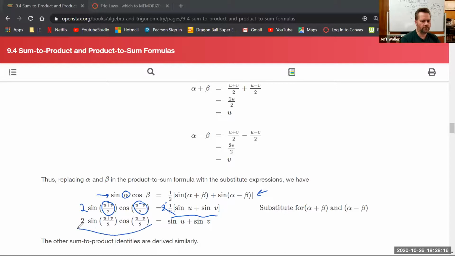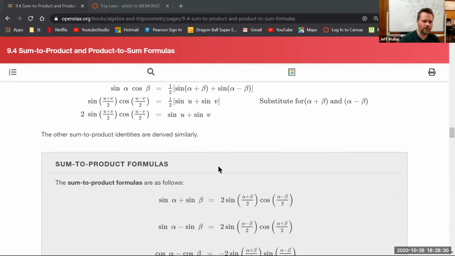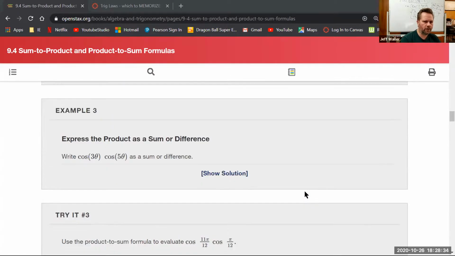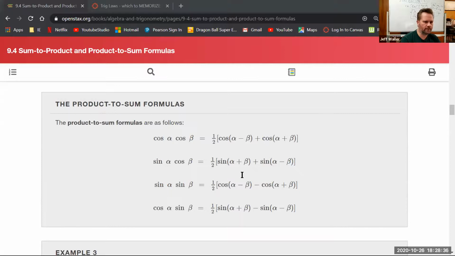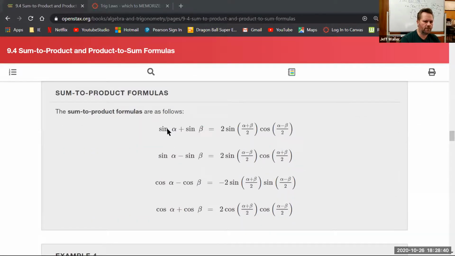So now I get this equals this, which is all remarkably interesting. So in the end, let me just show you. This is a really cool thing, but it's used for such a ho-hum kind of thing here. I end up with these. So what did we have up here earlier? We had product to sum formulas. What do we have down here? We have sum to product formulas going the other way around.